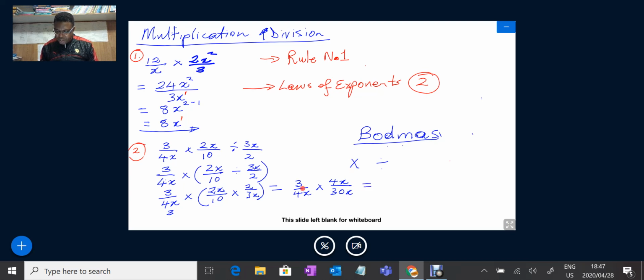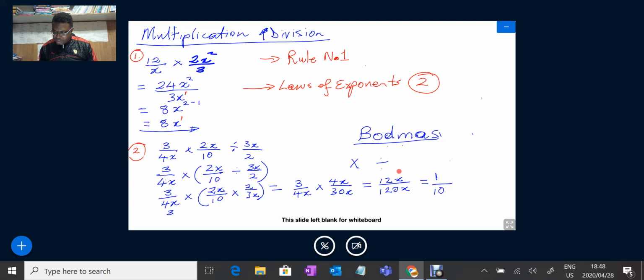You proceed, you have 12x over 4 times 30, 120x. The answer is 12 into 120, it's 1 over 10.